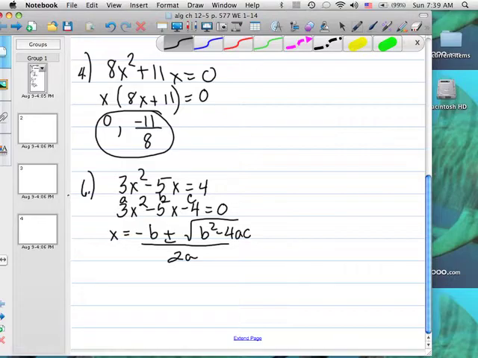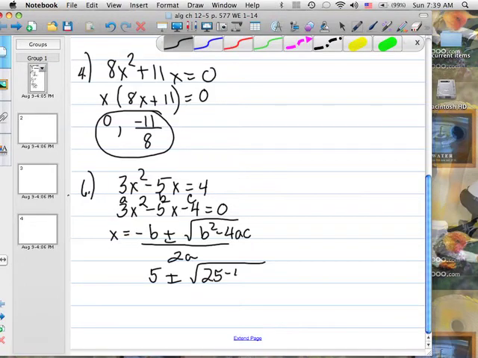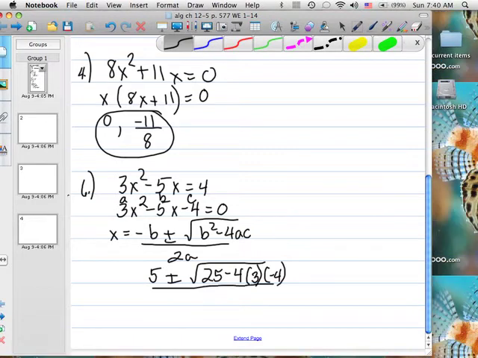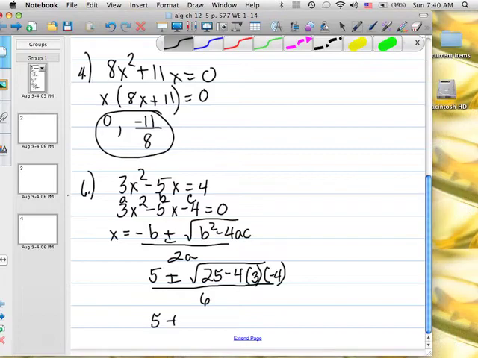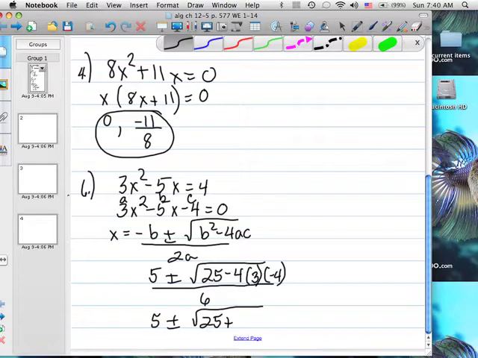So the opposite of B would be 5 plus or minus the square root of B squared, 5 squared is 25, minus 4 times A, which is 3, times C, which is negative 4, all over 2A, and A was 3, so it'd be 6. So that's 5 plus or minus the square root of 25. Negative times negative is positive.